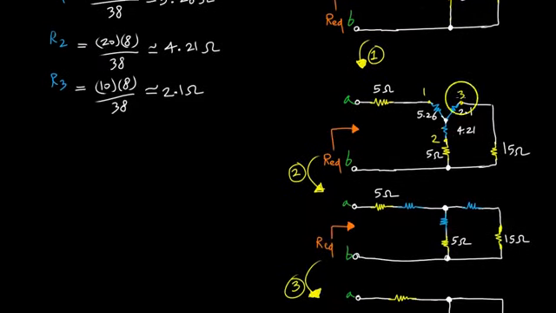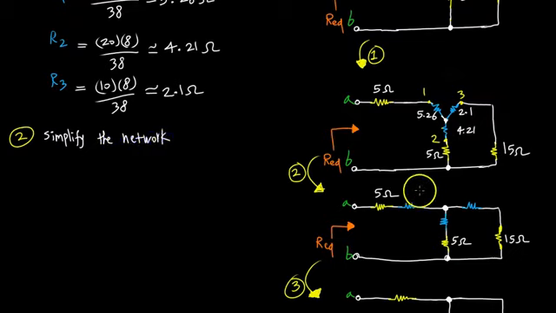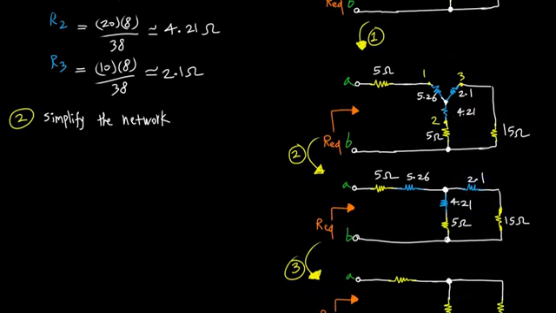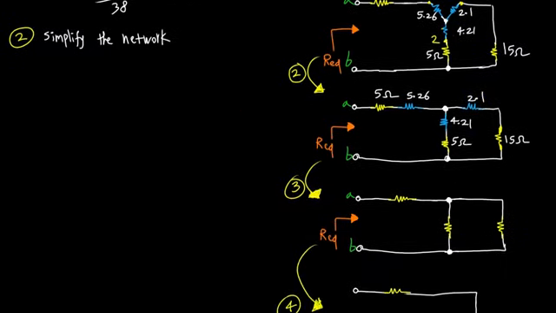And for step 2 then, I simplified the network and wrote the values here, 5.26, 4.21, and 2.1.